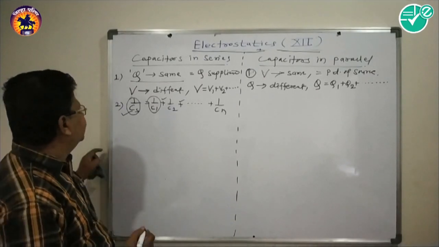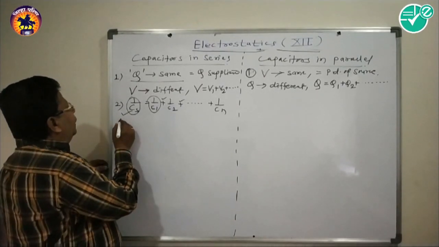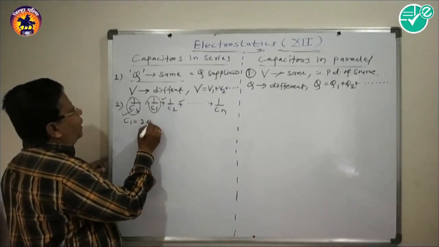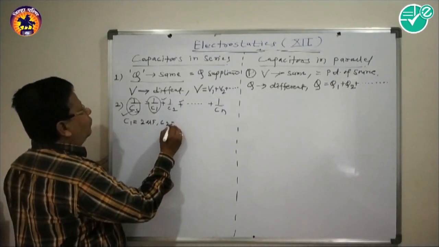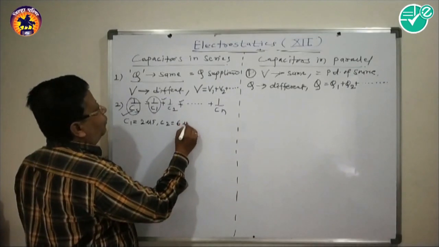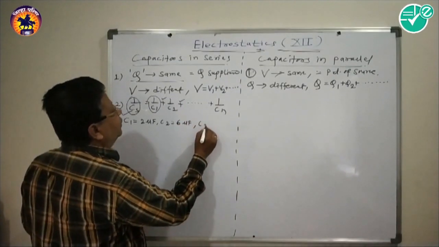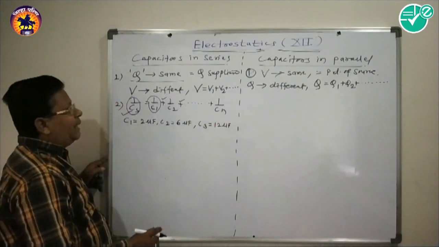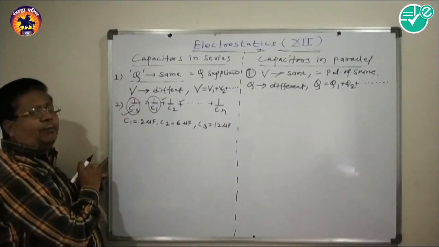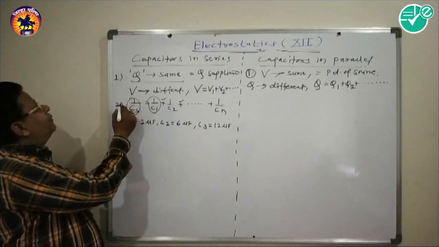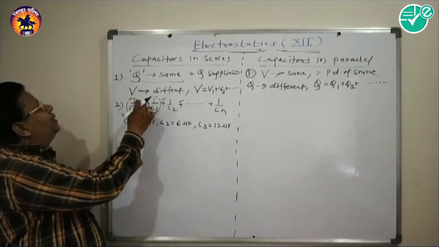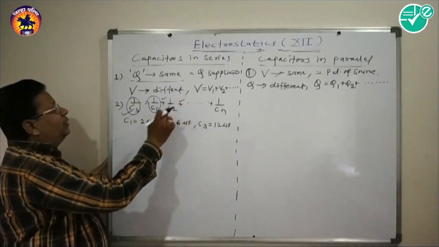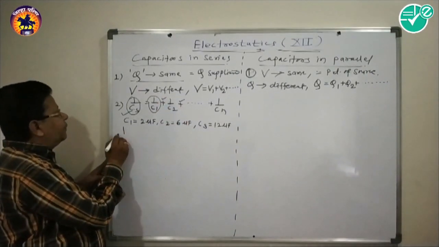And if we consider C1 equal to 2 microfarad, C2 equal to 6 microfarad, and C3 suppose equal to 12 microfarad, then in case of series combination, the equivalent capacitance is given by 1 upon Cs equal to 1 upon C1 plus 1 upon C2 plus 1 upon C3 for these three capacitors.